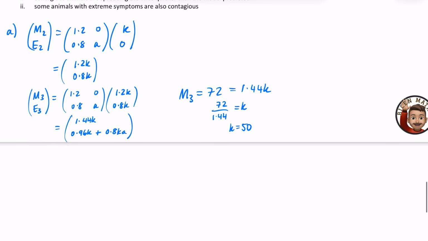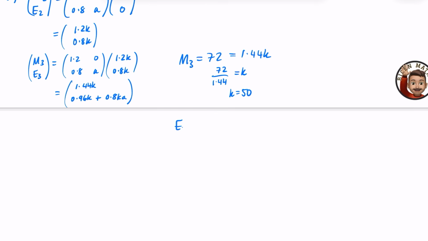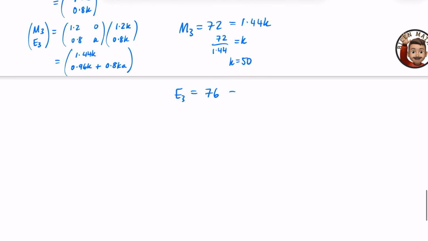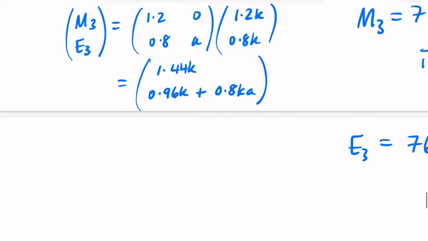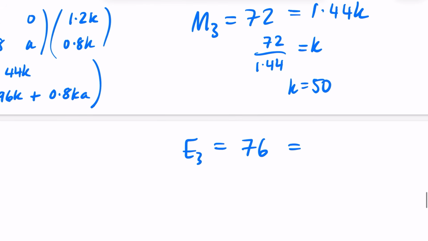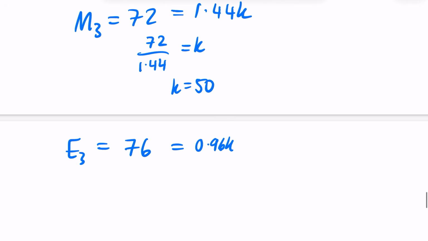I'm going to continue with the bottom part of this because I know with extreme symptoms, there were 76 animals, and that is represented by the bottom element of this. So this must represent the 76. That's 0.96k plus 0.8ka.